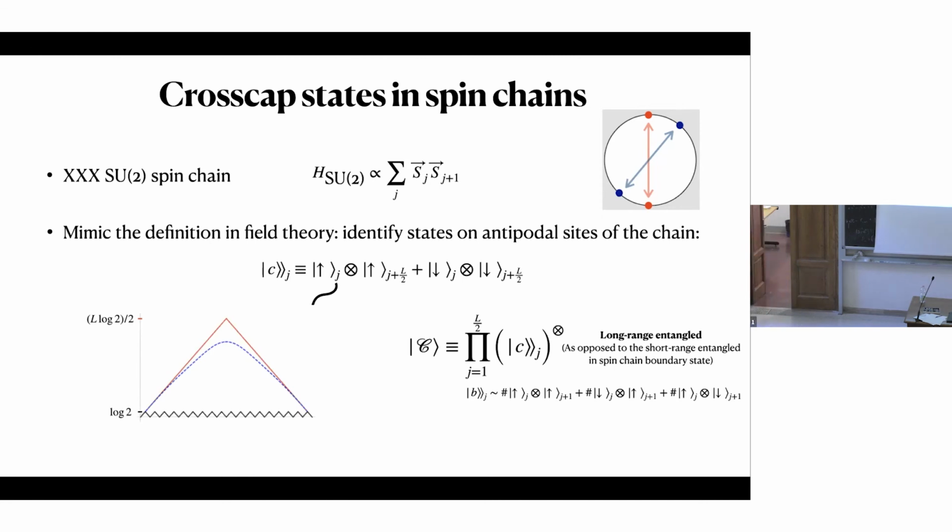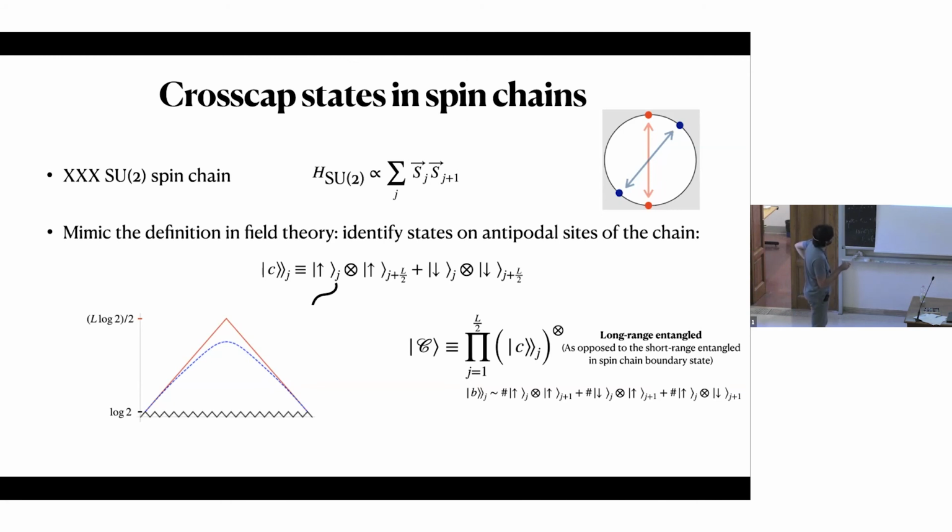Okay. So if you're vaguely familiar with the story of integrable boundary states in spin chains, there is a well-known study that you generally construct integrable boundary states in spin chains by entangling sites which are neighbors, with specific coefficients. So you have a spin at the site j entangled with the spin at the site j plus 1 and so on. So in fact, here the entanglement is short range.